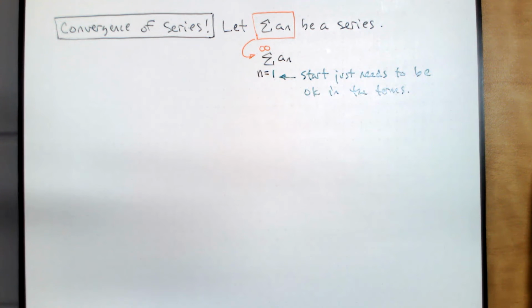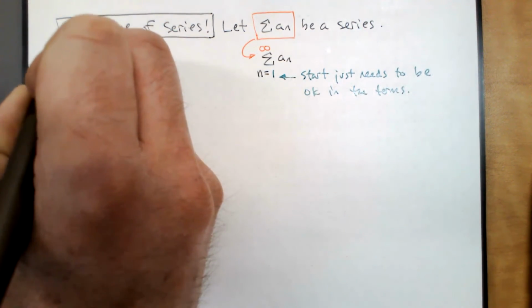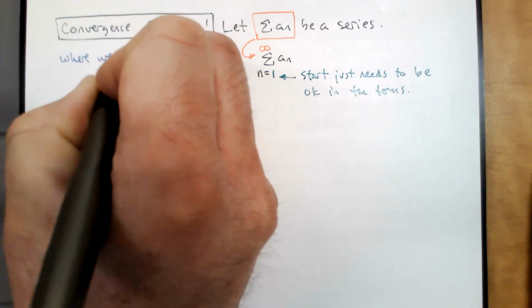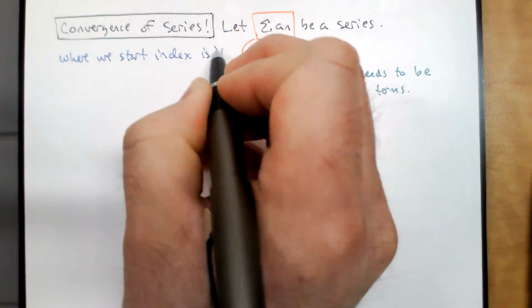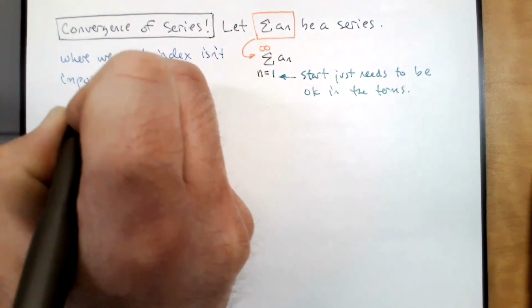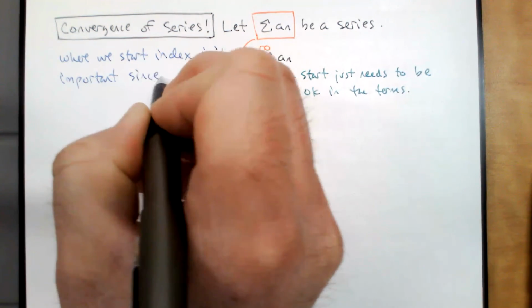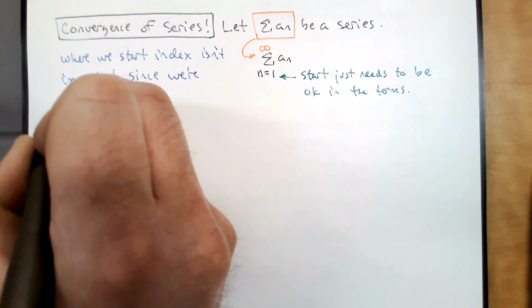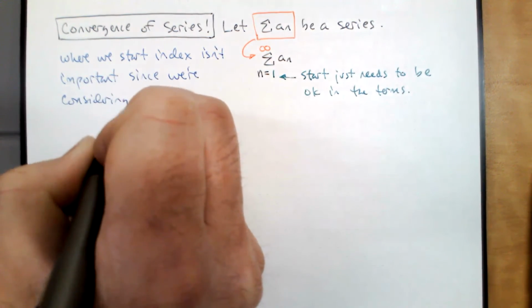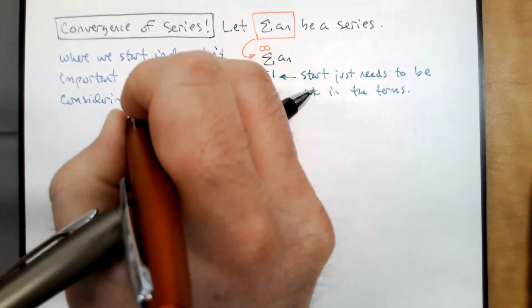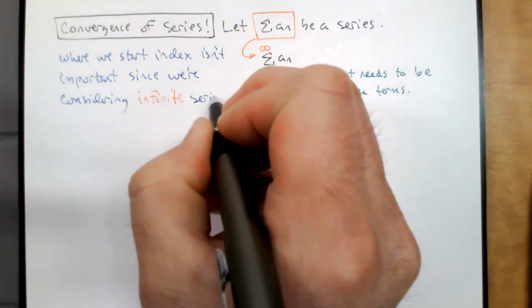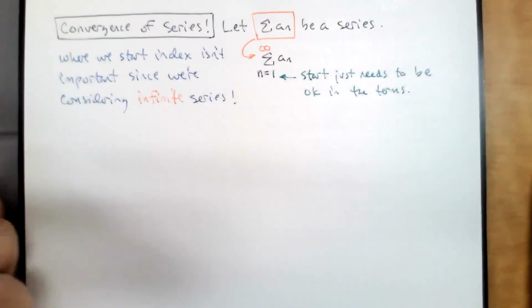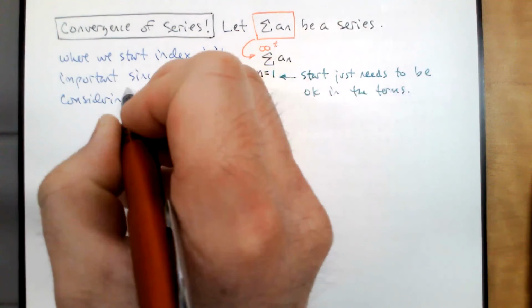What happens is the infinity part. The infinity part is the important part.